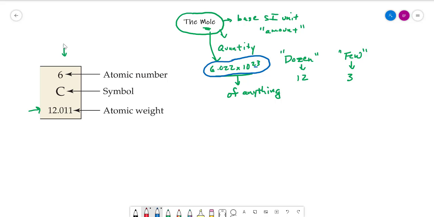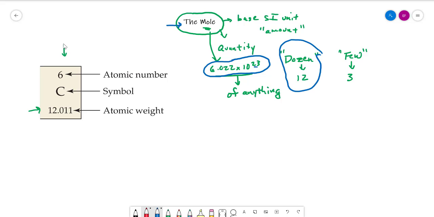When we talk about the number of molecules, we're often talking about trillions and trillions and trillions of them. Because they're so small, it's not that convenient for us to talk about how many. Instead, we can talk about the number of moles. It's just the same as talking about the dozens of that particular substance.